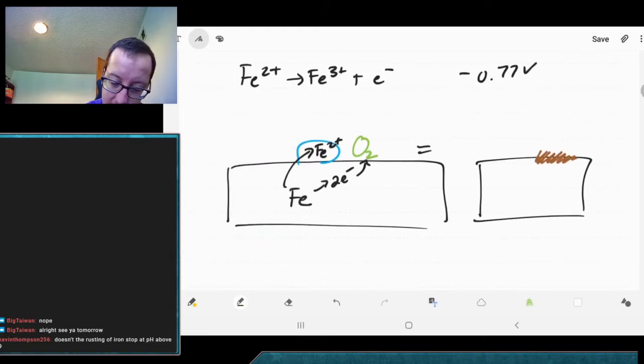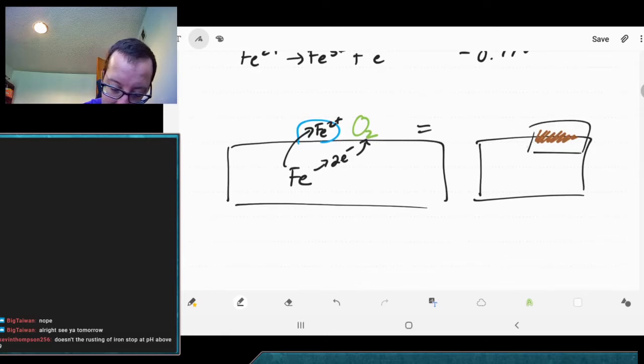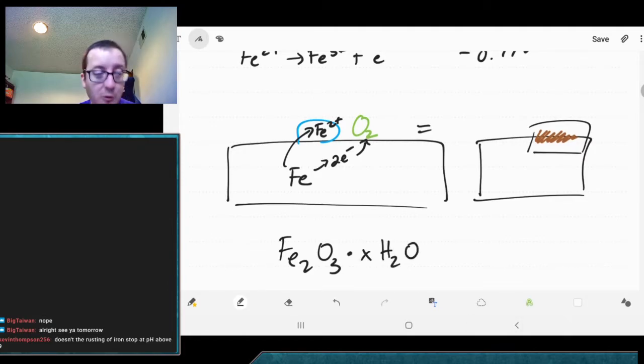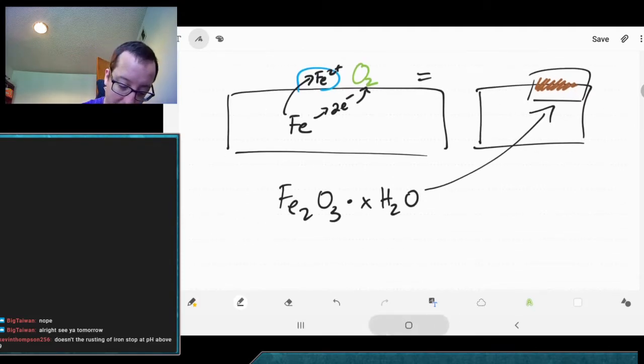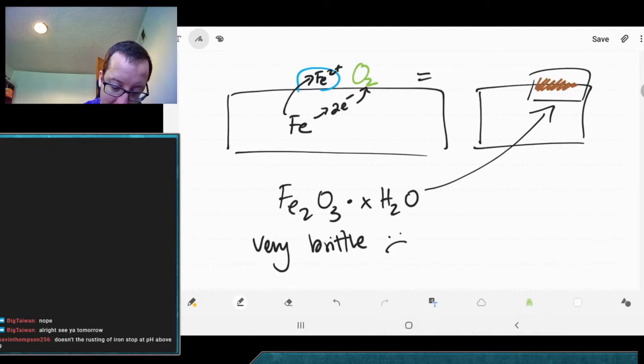Overall, as all this comes together, we are making various iron oxides in various hydrate forms. So we do see that this is that ugly brown goop there. It's very brittle, and has none of the properties that we want.